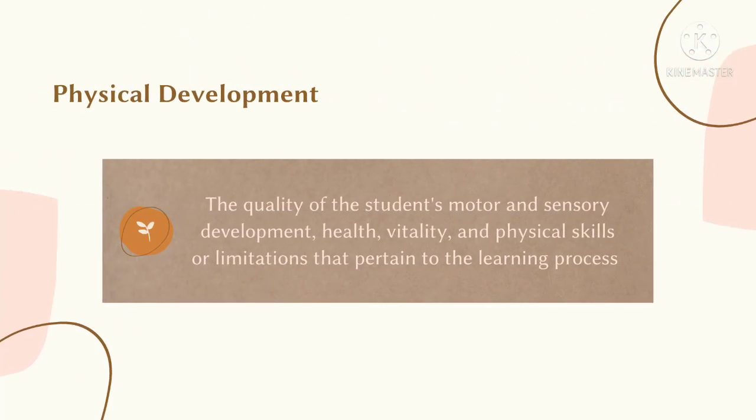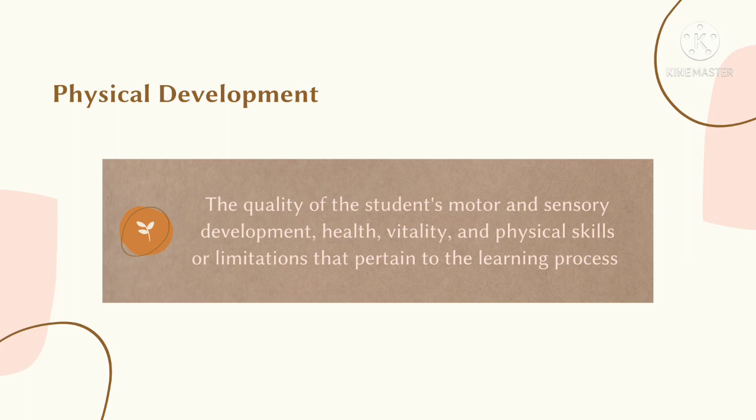Next is the physical development. The quality of the student's motor and sensory development, health, vitality, and physical skills or limitations that pertain to the learning process. For example, when a student experiences frequent fatigue throughout the day, especially after physical activities, that situation shows that the student needs some development on his or her health.